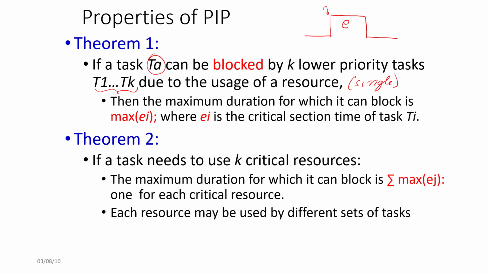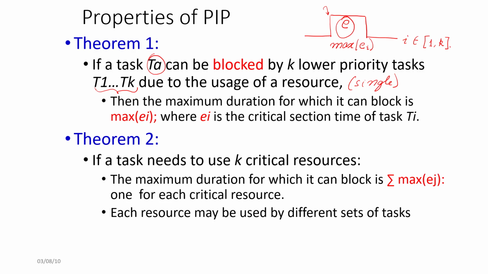Any of the k low priority tasks could be inverting the priority of TA. So in the worst case, this value will be the maximum execution time across all the low priority tasks. Let I be an iterator, where I is an element of the set 1 to k.